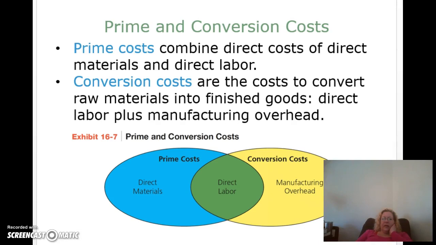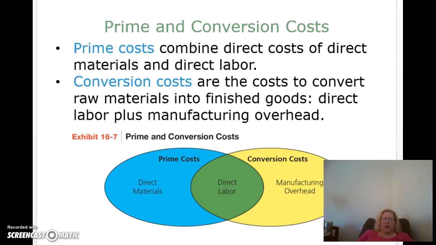Okay, and then finally, in order to make cost information more useful, product costs for manufacturing companies are sometimes combined in different ways, depending on the manager's needs. Prime costs combine the costs of direct material and direct labor. They're prime. Prime costs are used by managers and organizations where the majority of the cost is associated with labor instead of machine hours.